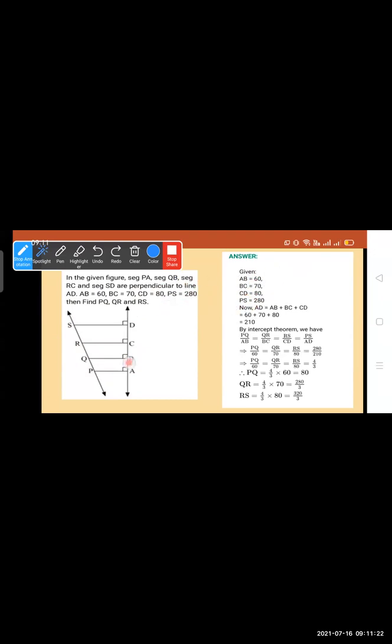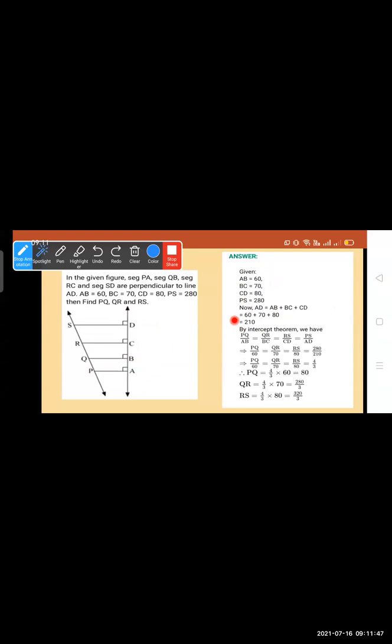Then we find AD. AD is equal to AB plus BC plus CD, so substitute the values 60, 70, 80. We get 140 plus 70, that is equal to 210. So AD is equal to 210.